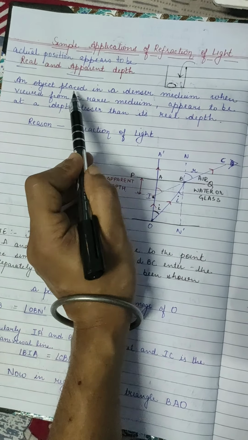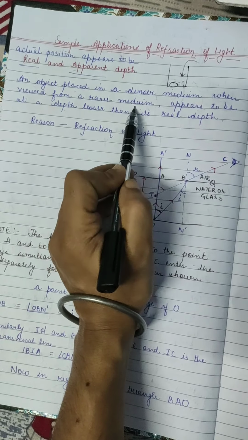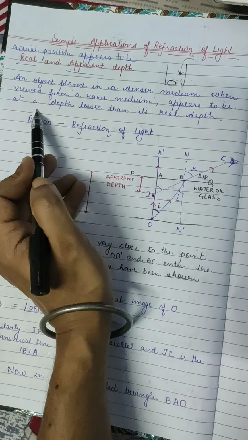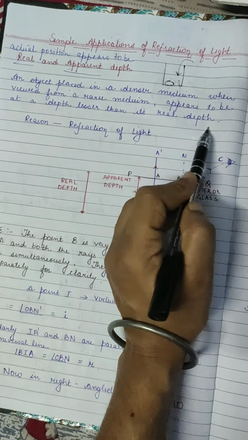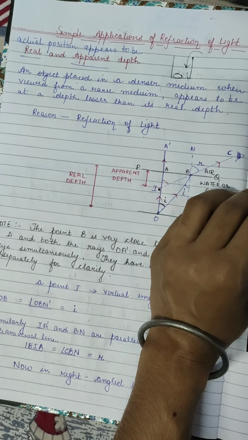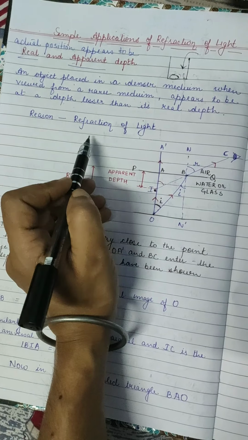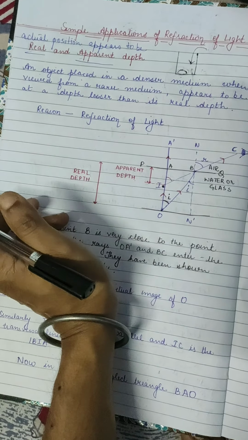An object placed in a denser medium, when viewed from a rarer medium, appears to be at a depth lesser than its real height. What is the reason? Refraction of light. The light is coming from one medium to another medium, so it appears raised to us.